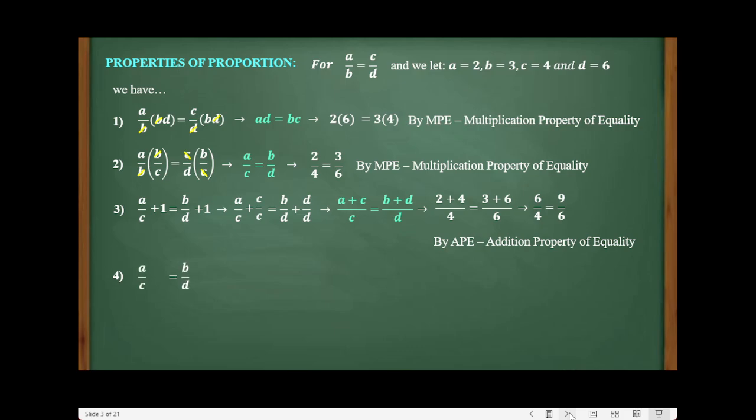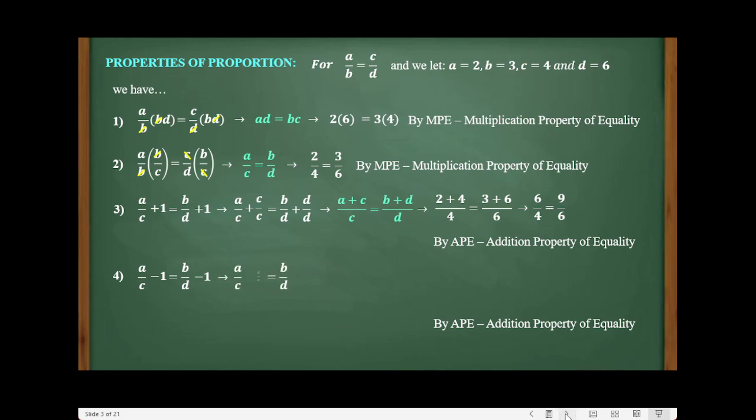Next, the fourth one: A over C is equal to B over D. Again, applying the addition property of equality, meaning we add -1 to both sides. The reason why it is still the addition property of equality is simply because we are actually adding -1 to both sides of the equation. So you just think of addition in this particular process.